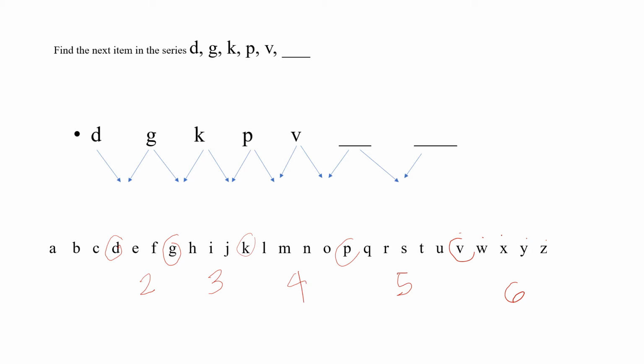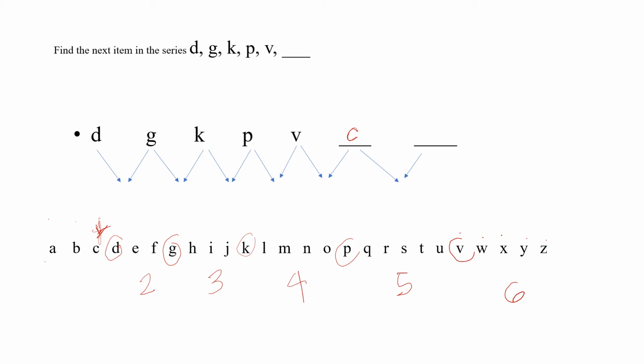The Z goes back to A and then B. So what will be the skipping: 1, 2, 3, 4, 5, 6, and therefore the next one will be a C. So the next term in here will be a C. So what would be the item of the second blank in the series?